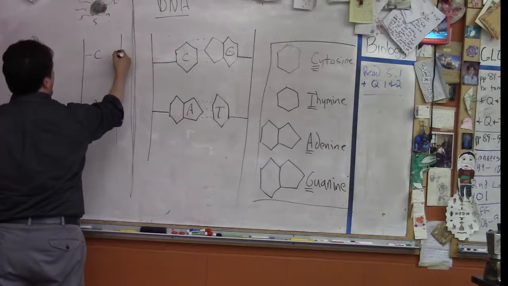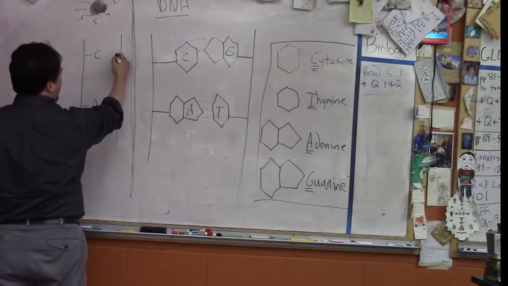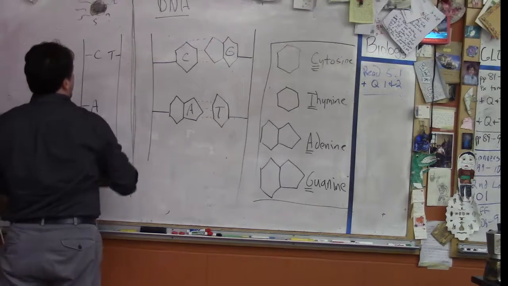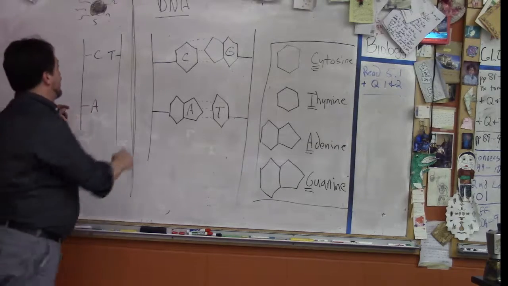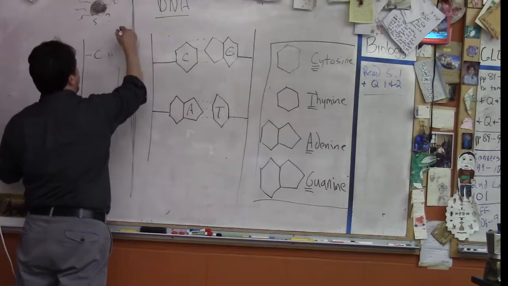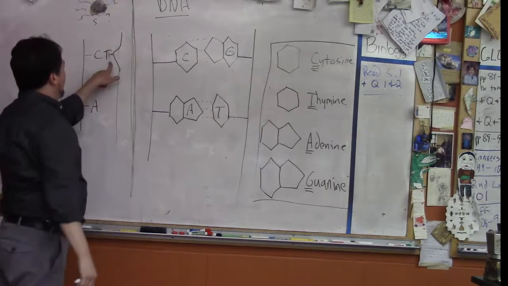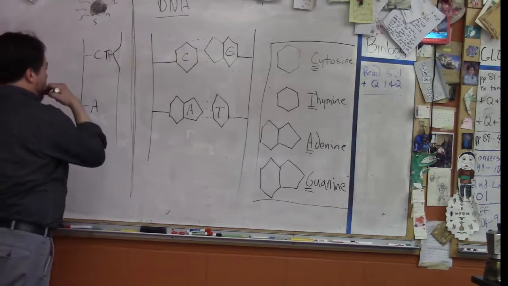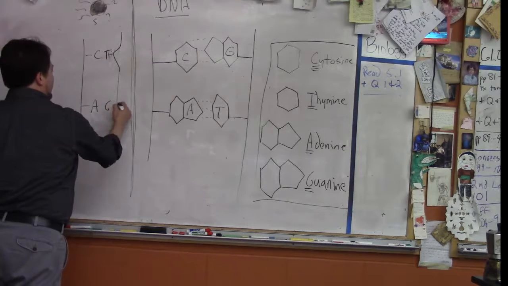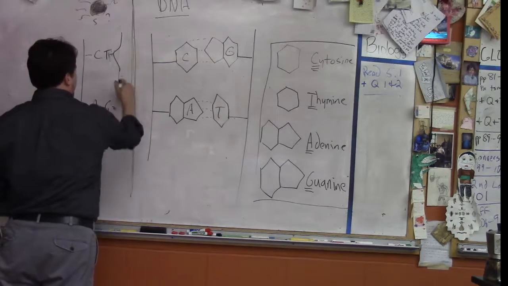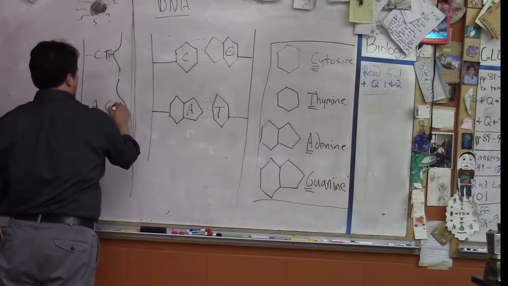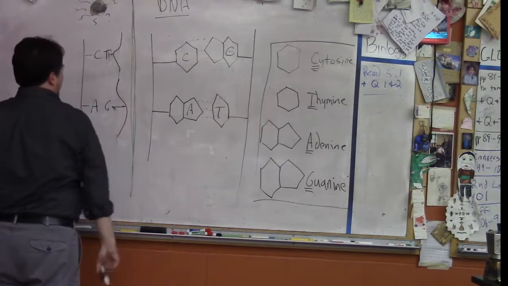If I put the wrong one here, like if I put a T here, they wouldn't be attracted to each other. In fact, they'd be too close. The T would sort of bend in. And if I put an A and a G together, they actually wouldn't fit together and the whole thing would bulge out. And that's no good.